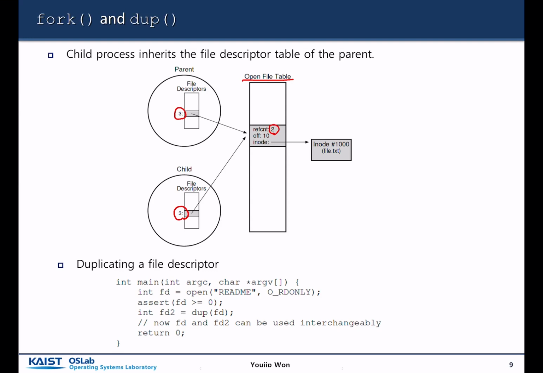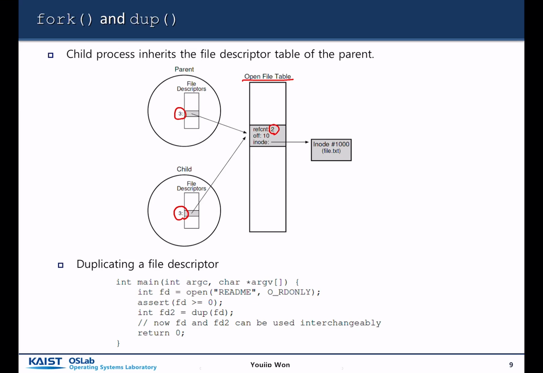The reference count is the number of pointers that point to it, because there can be a number of file descriptor table entries that point to a certain file object. When you close a file, you cannot immediately deallocate the open file table object, because there can be another entry that points to it. That's the reason why we maintain the reference count for the open file object.